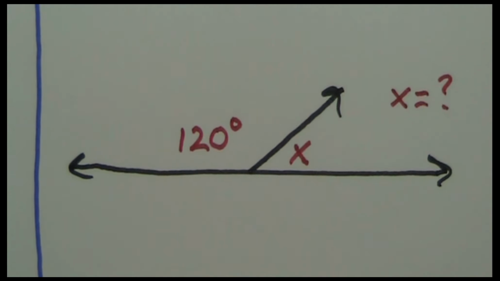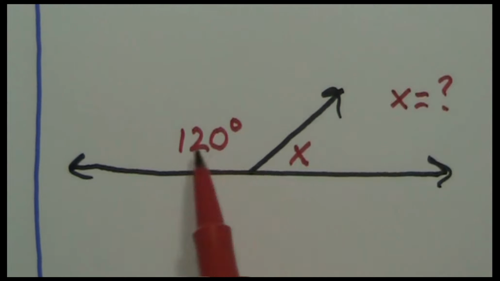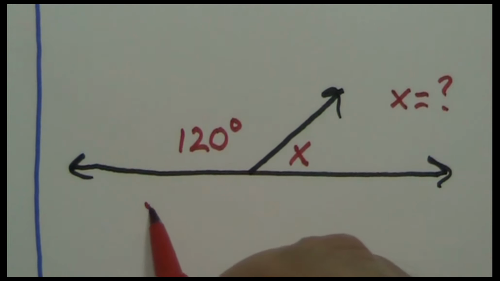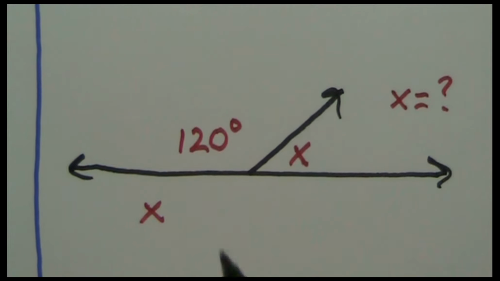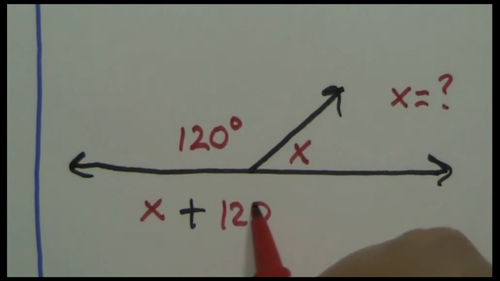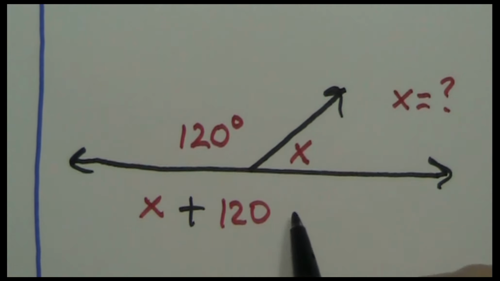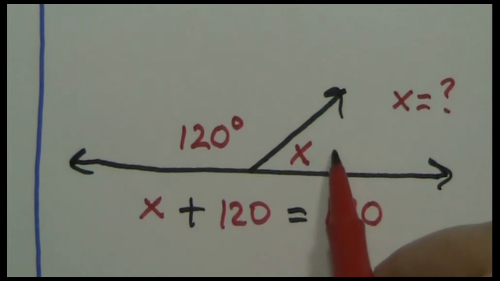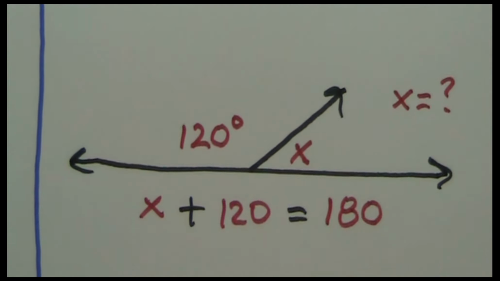So we need to set this up as an equation. We know that these two together must add up to 180. So we would set it up as X plus 120 equals 180 degrees. Both these angles together have to add up to 180 degrees.